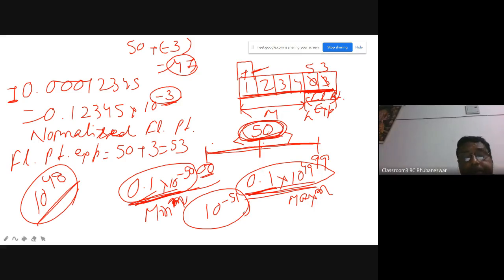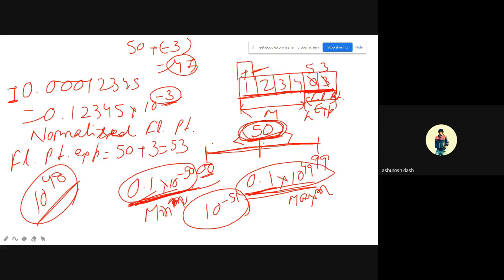So if someone asks you what the range is now, the range is 0.1 into 10 to the minus 50 to 0.1 into 10 to the power plus 49. But before it was minus 999.999 to plus 999.999. So if you compare, it is quite greater and quite less in comparison to the previous one.